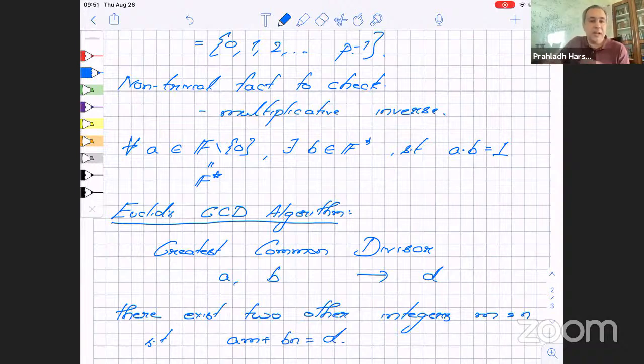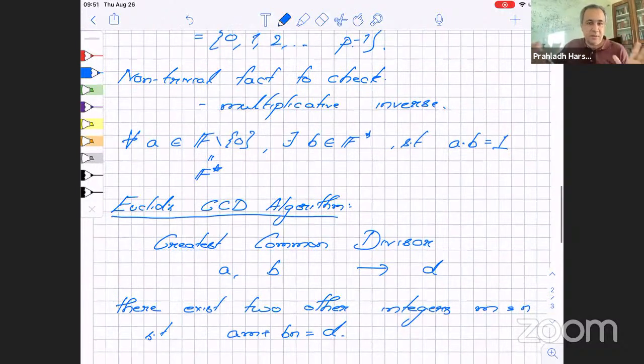In fact, when you run this algorithm, it will output not only d given a and b, it will also output m and n. It will output this triple of numbers m, n, and d such that am plus bn equals d.